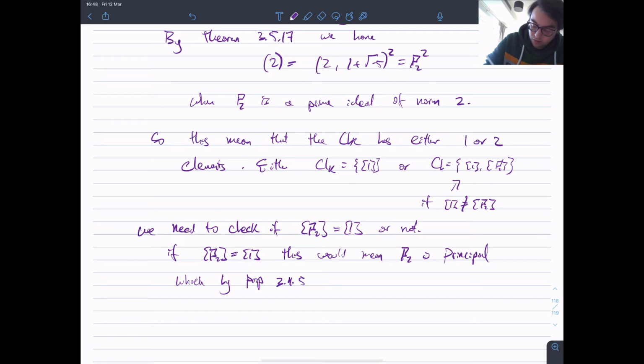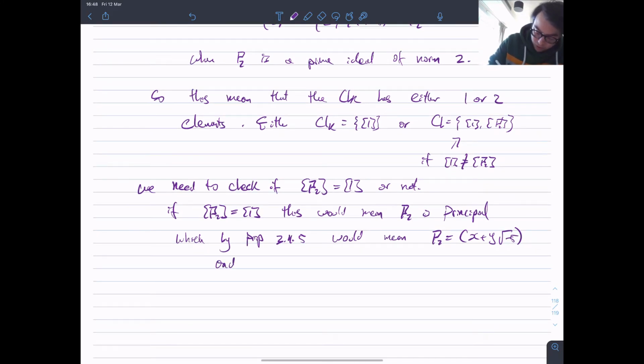So proposition 3.4.5 would mean, if P2 is principal, that P2 is something like x plus y square root of minus 5, and because we know that it has norm 2, this proposition is telling us that the absolute value of the norm of this element would have to be 2.